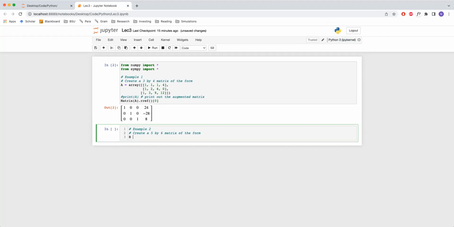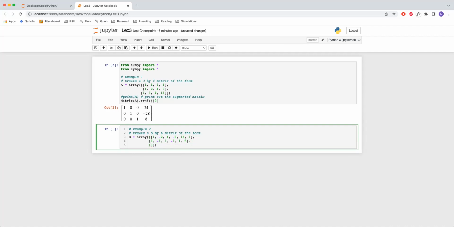I am going to call this matrix B. And I need an array. So the first row consists of the values 1, -2, 4, -8, 16, 3. The second row is 1, -1, 1, -1, 1, and 5.